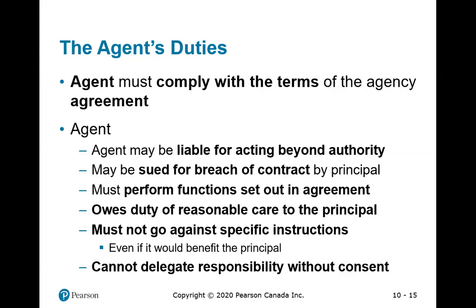They cannot go against specific instructions. If my principal in Brazil says, do not sell bananas in the west of Canada, only in the east, because it's easier for me to ship to the east, then even if I have clients here in the west of Canada, I cannot go against their instructions.